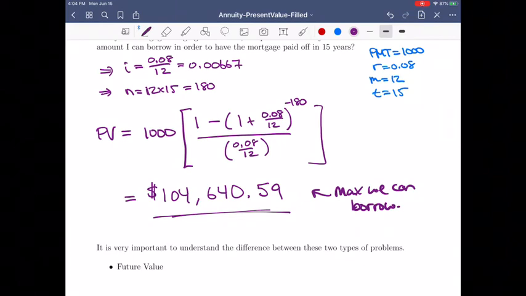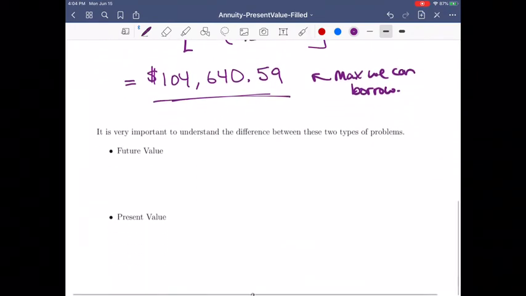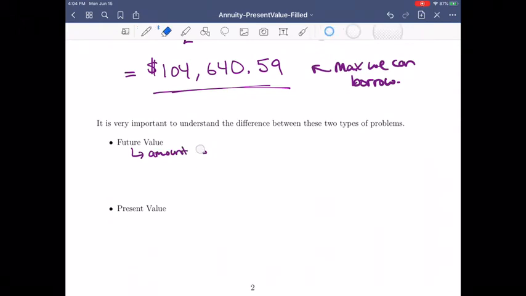So the most confusing part with these annuities is to tell whether you're looking for future value or present value. So I just want to try to illustrate the difference here again. In a future value, the amount in the account is growing.